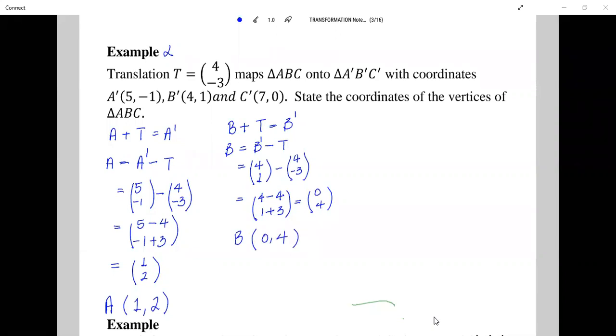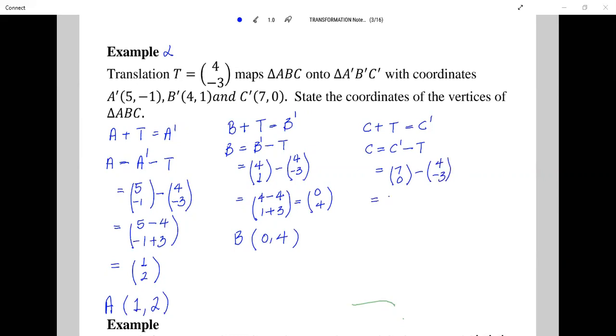Let's do the same thing for C. C plus T is equal to C prime. That's the matrix equation of translation. So C would be equal to C prime minus T, and this would be (7, 0) minus (4, -3).